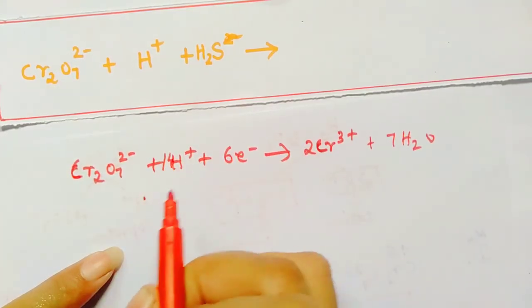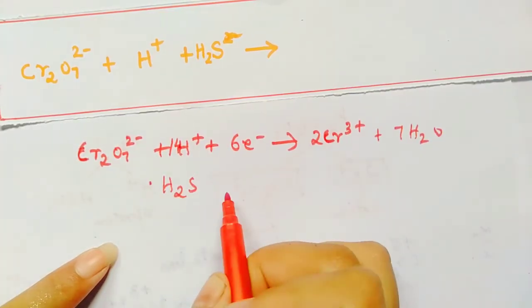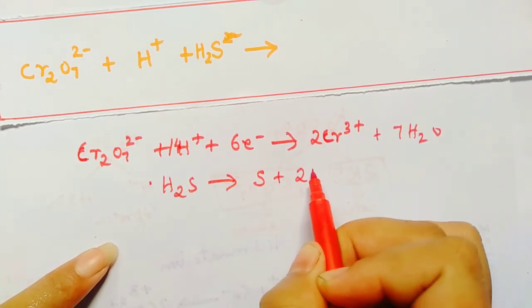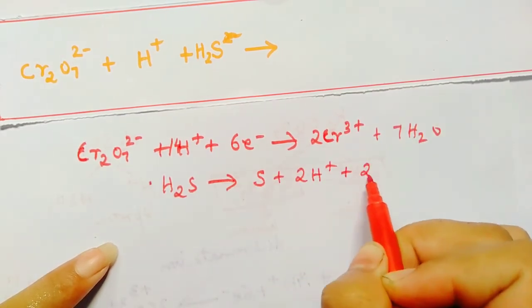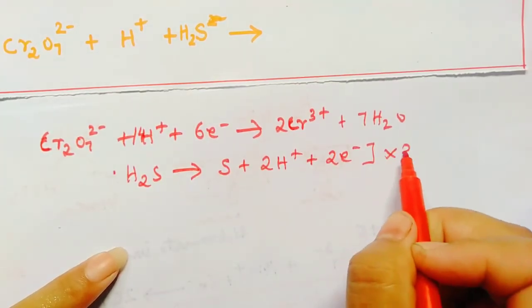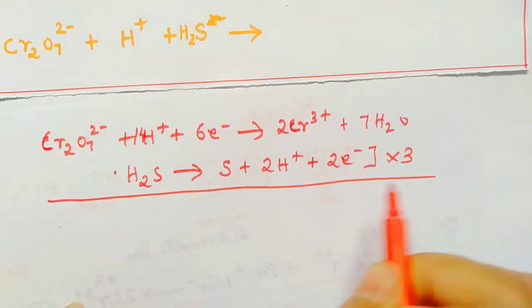Here you have 14. So H2S we know in the second trick oxidizes to sulfur, and then you have 2H plus and 2 electrons are lost. Here I have to multiply by 3 so that this one gets cancelled with this. Now add them up together.